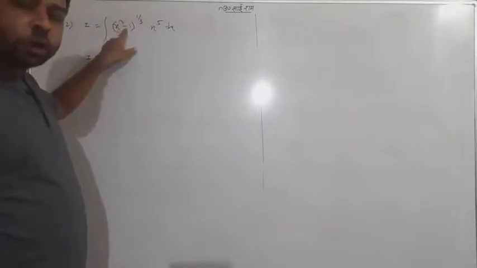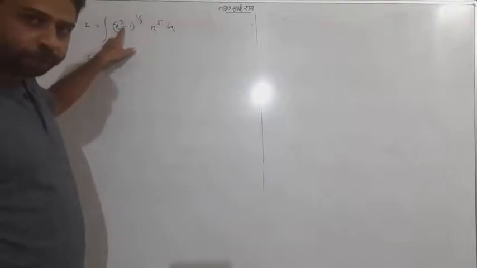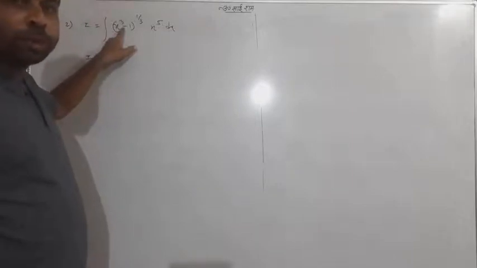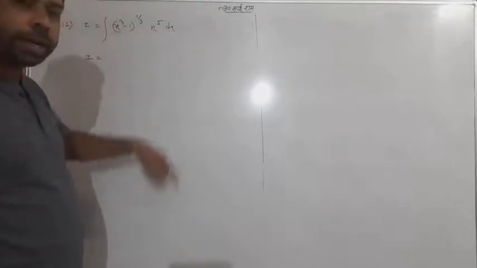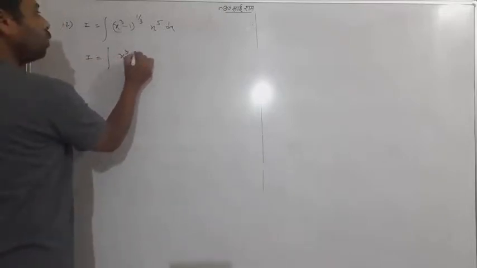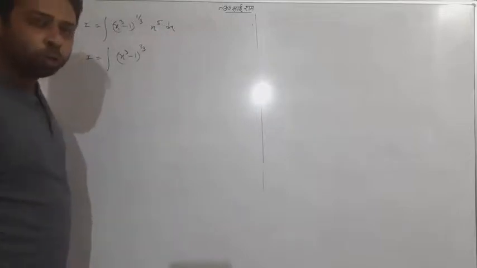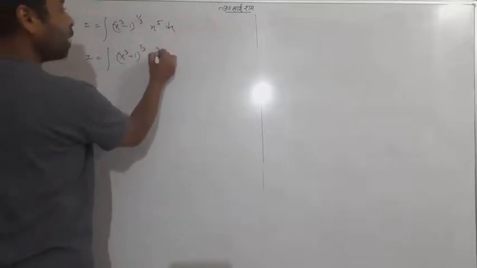When I take x cube minus 1 equal to t, you should think about what the differentiation of x cube minus 1 is. This is 3x square. So x square must be there in the question, but it is not visible. Actually, what you have to do now, you first write the same, and this x to the 5 should be split into two parts, x cube and x square.